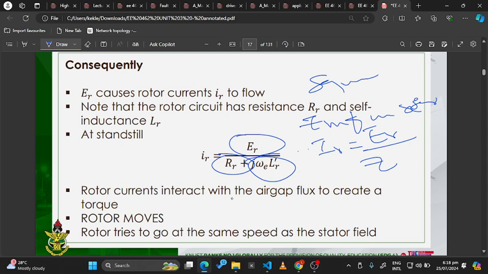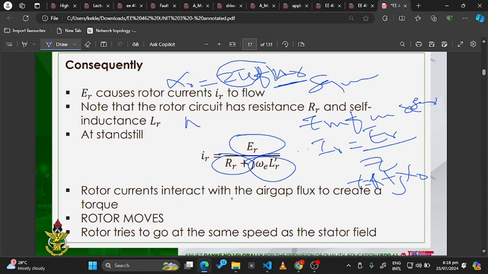And we know this Z over here is equal to R plus jXR. And XR is equal to 2 pi F LR, where LR is the inductance of the rotor. And this 2 pi F can be written as omega.